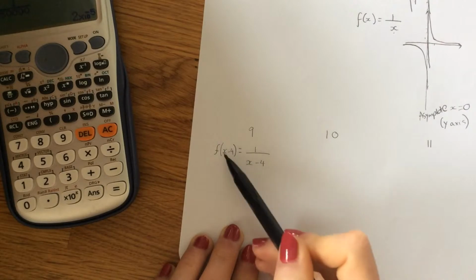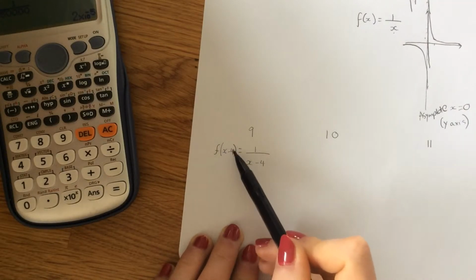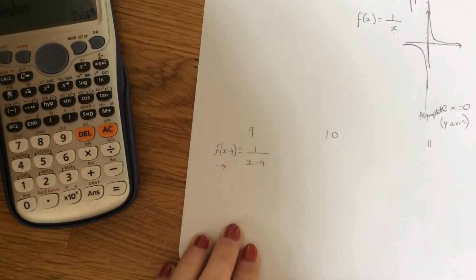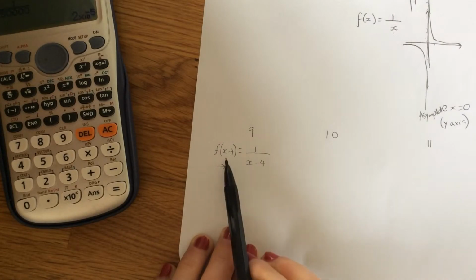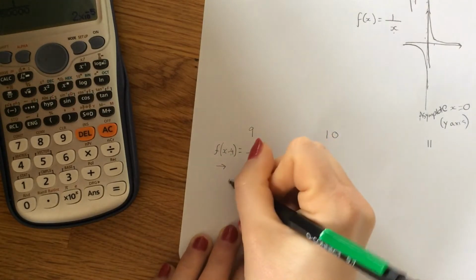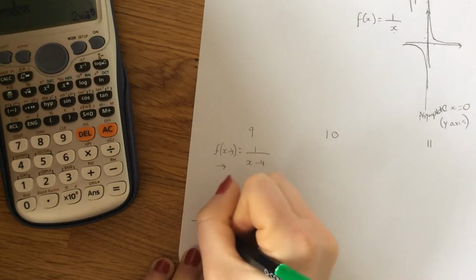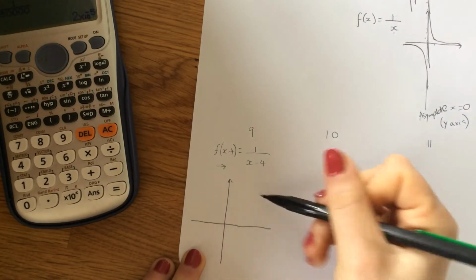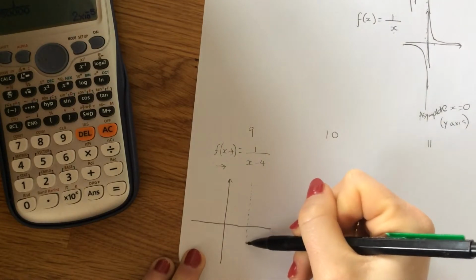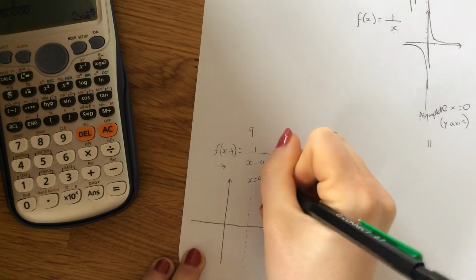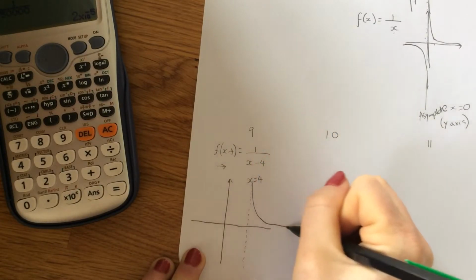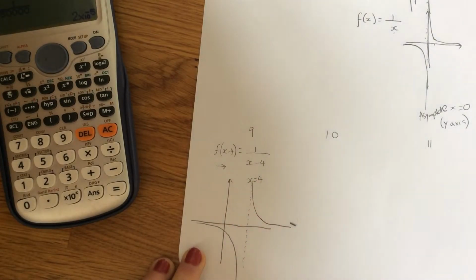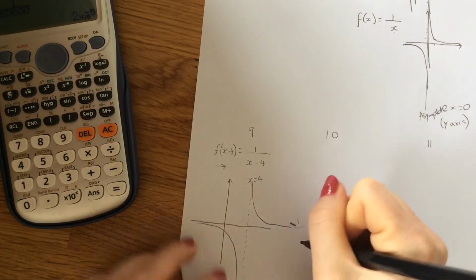It's a shift in the x-axis by 4, and it's going to be moving in the positive direction, because if you remember, we said don't trust your x transformations. So this graph is a shift of 1 over x, 4 spaces right. So we end up with our asymptote moving as well. So this is the line x equals 4, and then we can draw our function like this, and that is the graph 1 over x minus 4.